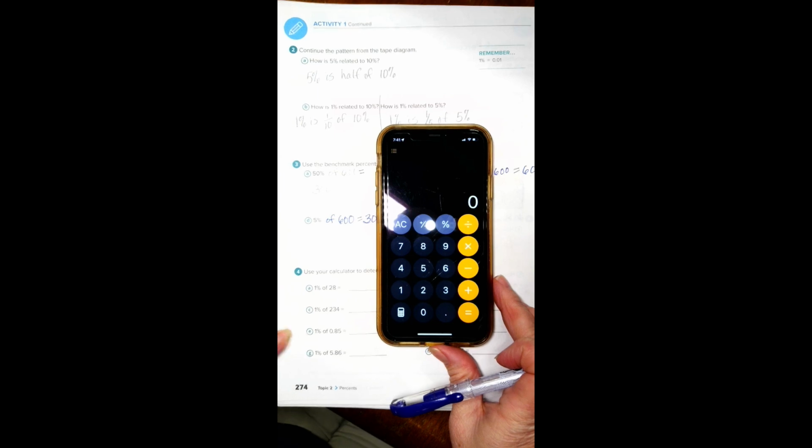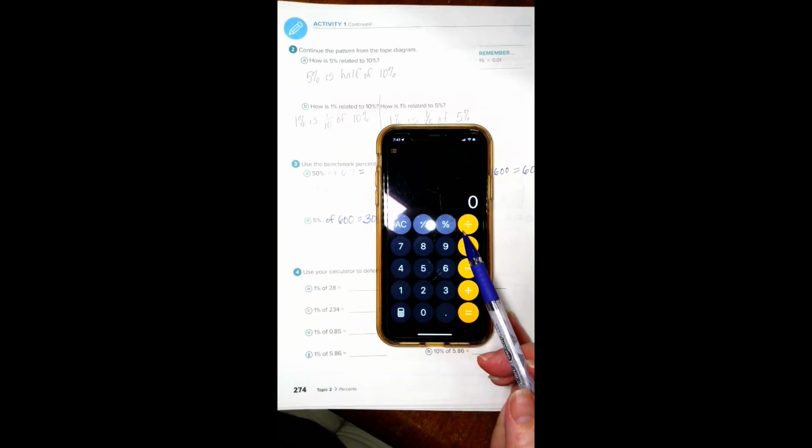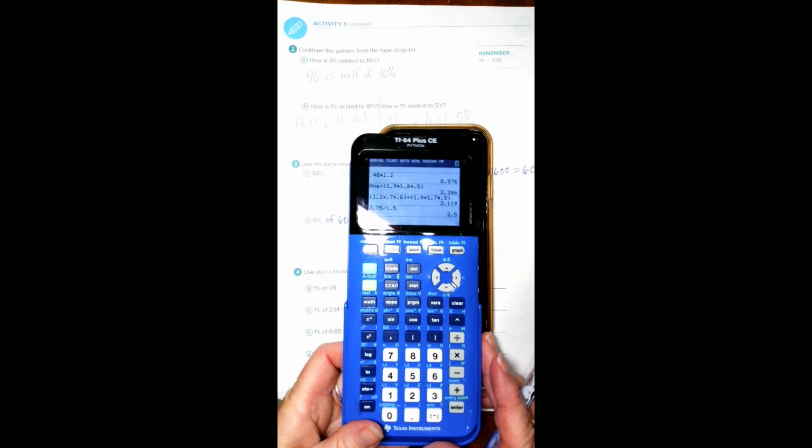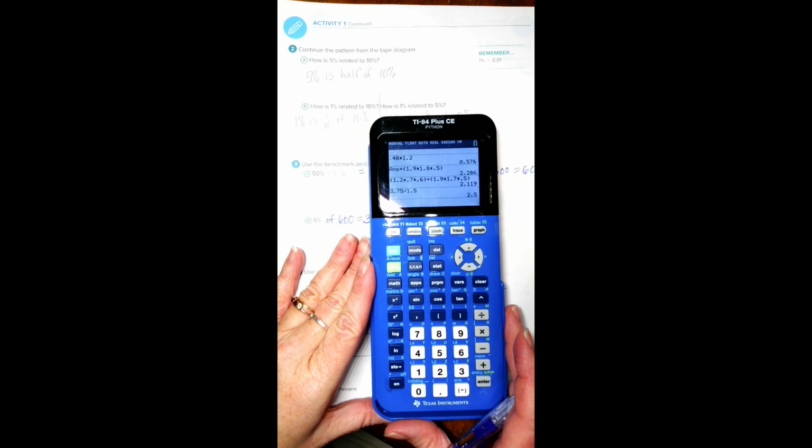It says use your calculator to determine the percent of each number. So I want to use the calculator, and I kind of want to do it without the calculator too. So I want to show you something. And we know "of" is multiply, right? We've talked about that all year. I have a percent sign on my calculator. I tried to put my regular calculator underneath this document camera, and for some reason, now here I can.